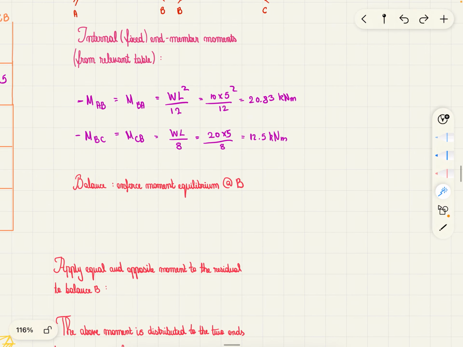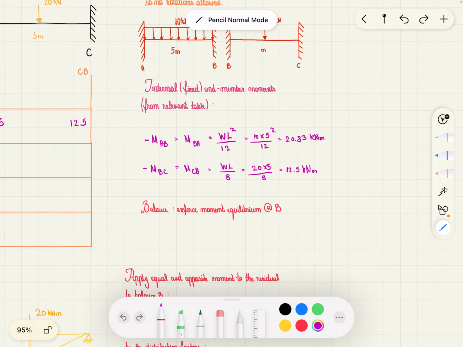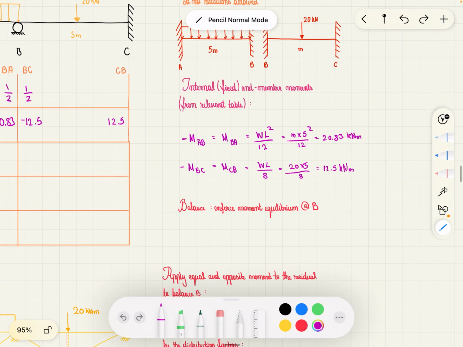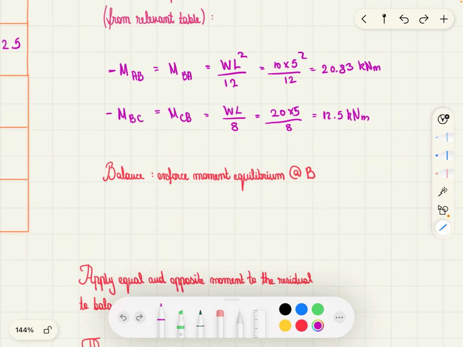Now, next step in our table is balance. This means we enforce moment equilibrium at B. So basically, you add up the moment you got here. So let's zoom in.